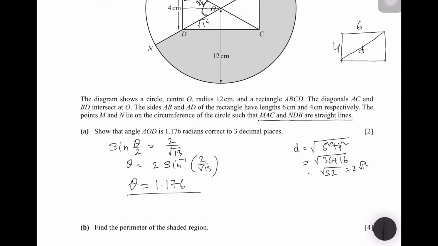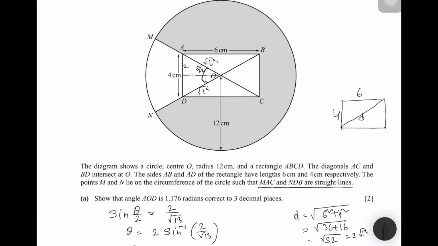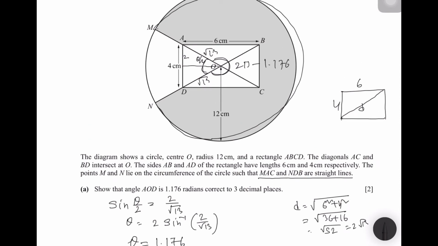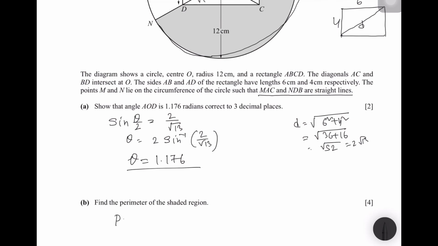Now we need to find out the perimeter of the shaded region. So the whole angle is 2 pi minus 1.176. So this is arc theta. Radius is here 12. So for the perimeter, arc is r theta, 12 into theta, theta means 2 pi minus 1.176.